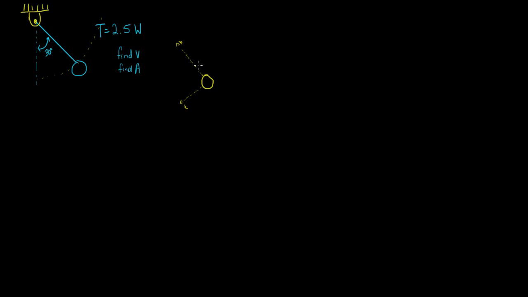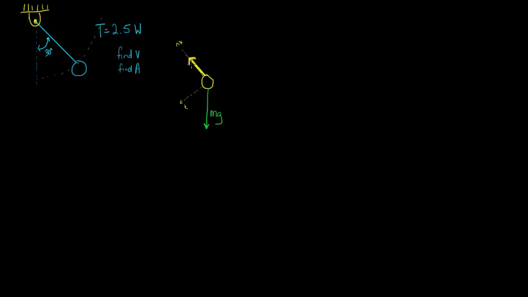And what do we know? Well, we know it's going to have a tension force that is along this normal coordinate, and it's going to have a mass times gravity force. It's mg that is acting straight down.